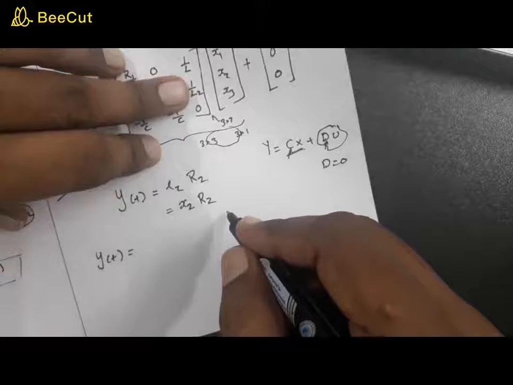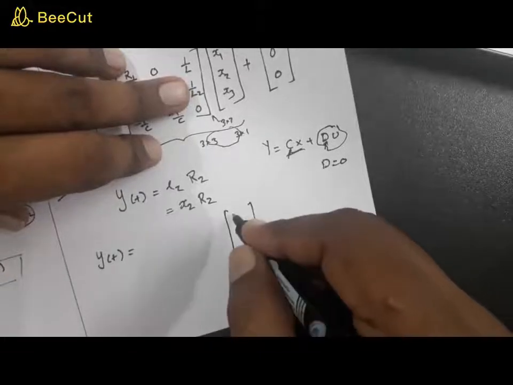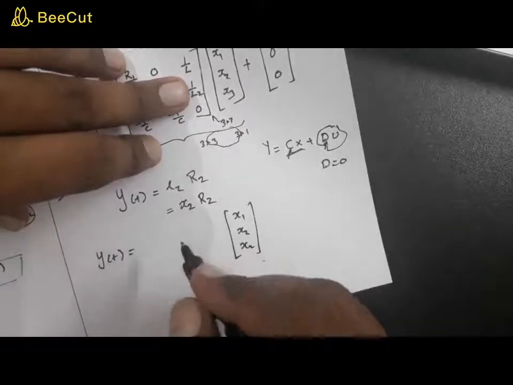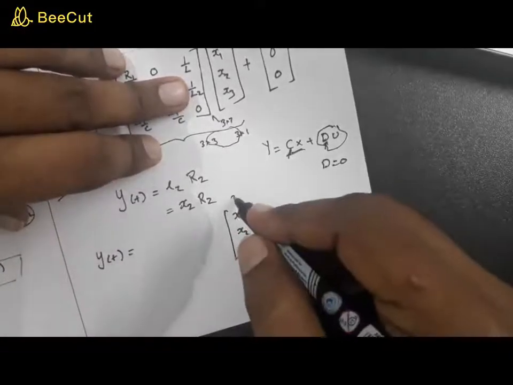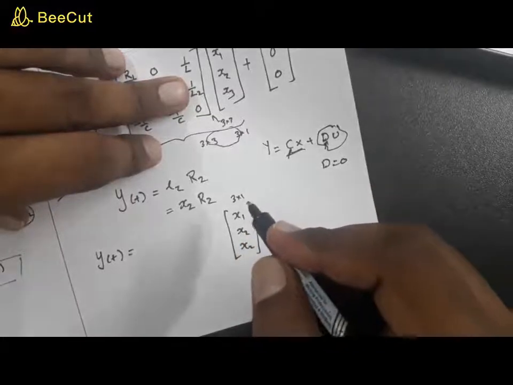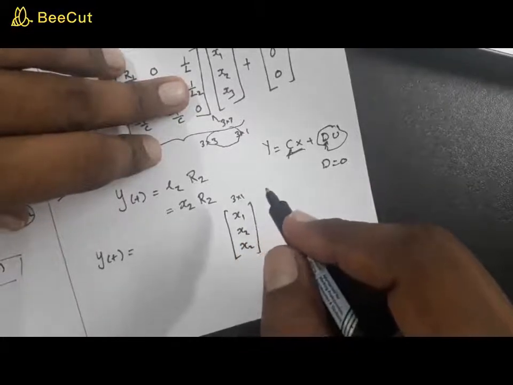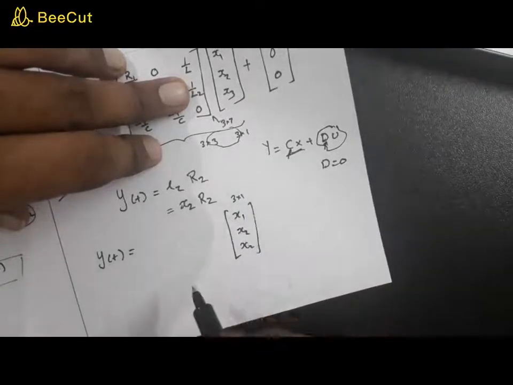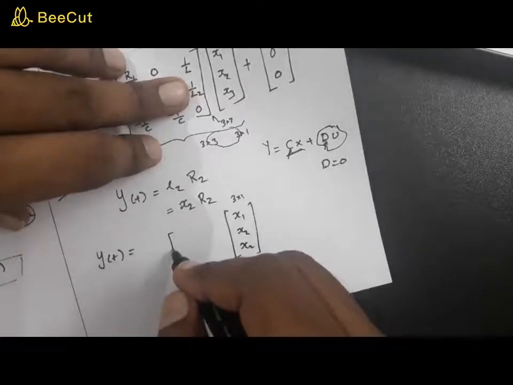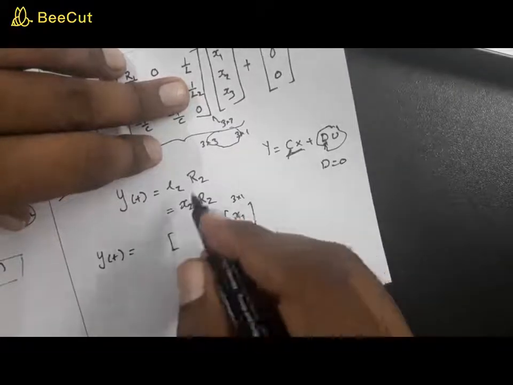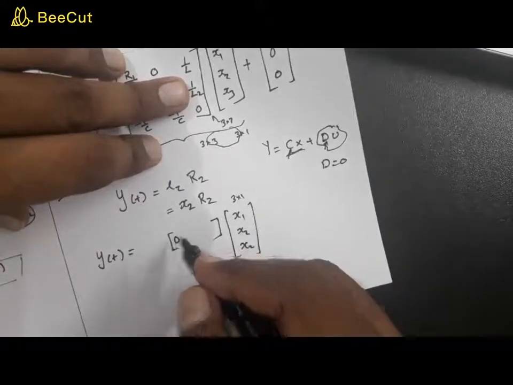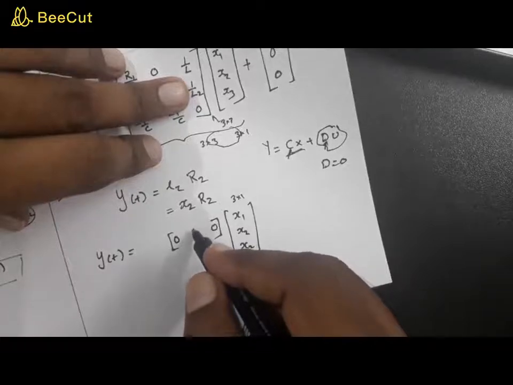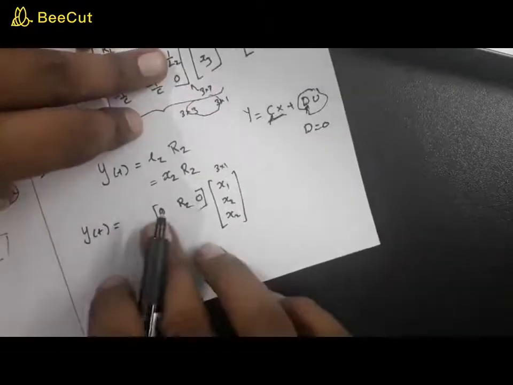So what is that x? x is actually a 3 into 1 matrix. You have x1, x2, x3. So this is a column matrix of 3 into 1, and if you want to get an output of 1 into 1, you need this thing, right? There is only the x2 term, x3 and x1 are 0, so this is 0, R2, 0.